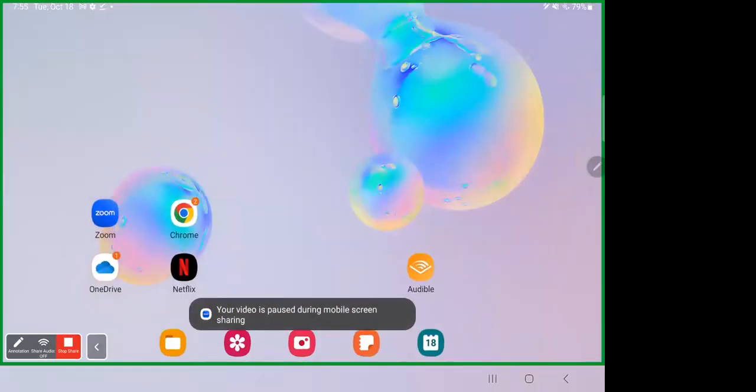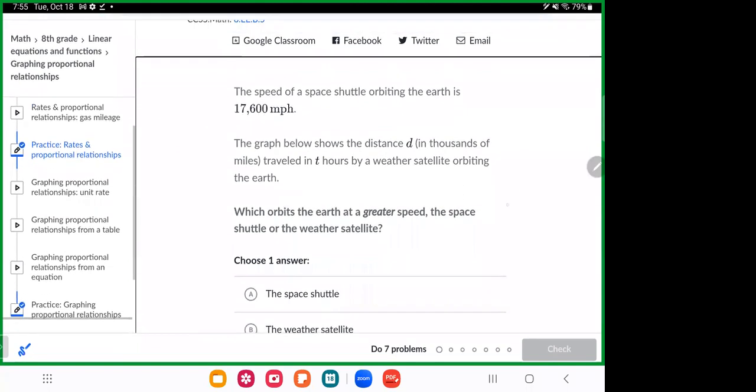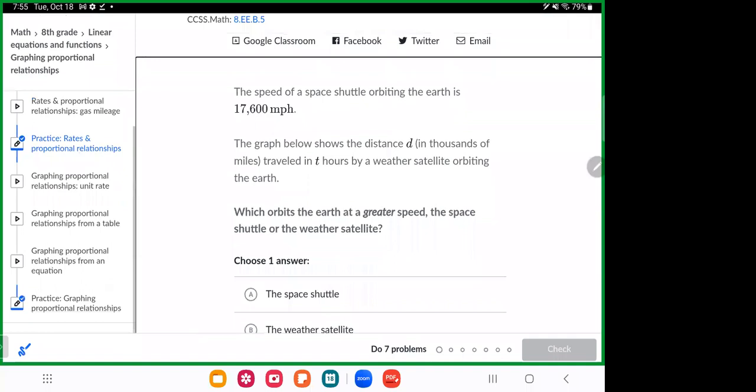Okay, so now let's talk about rates and proportional relationships. The speed of a space shuttle orbiting the Earth is 17,600 miles per hour. The graph below shows the distance d in thousands of miles traveled in t hours by a weather satellite orbiting the Earth.